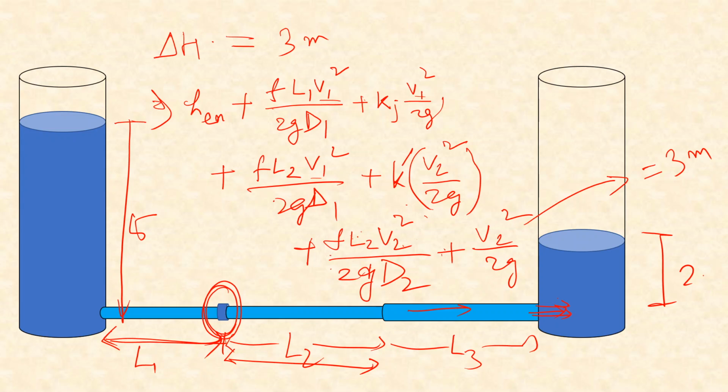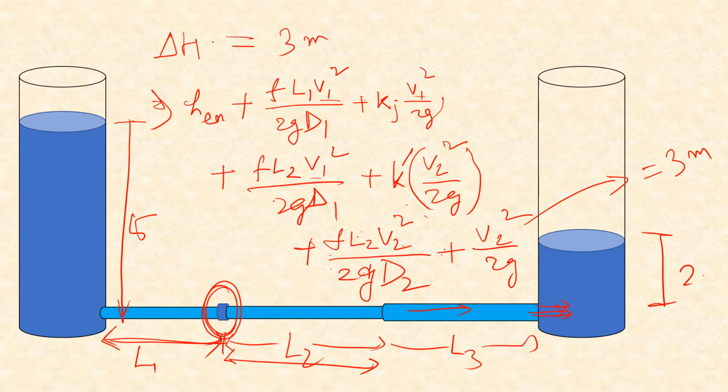But now the problem is we have one equation and two unknowns. d1 and d2 are actually not unknowns. We know the diameters. L1, L2 and L3 are also not unknowns.